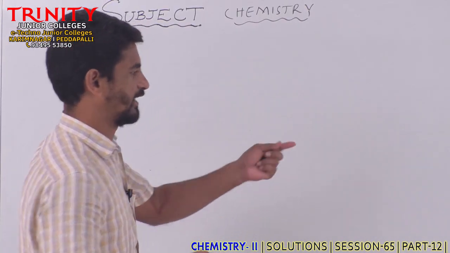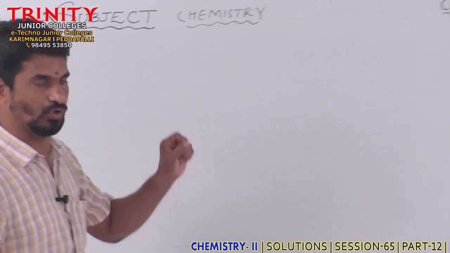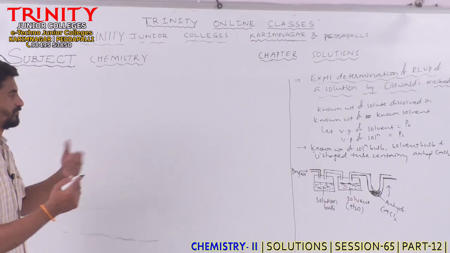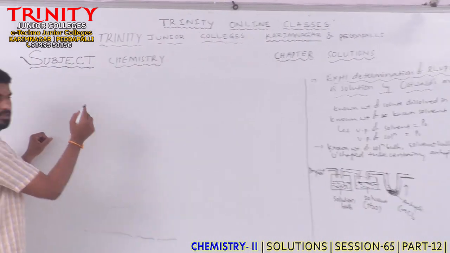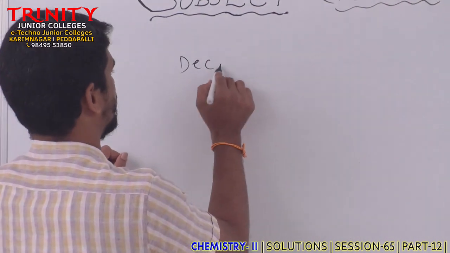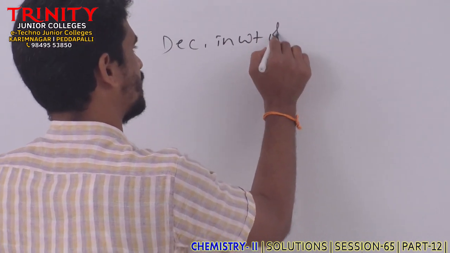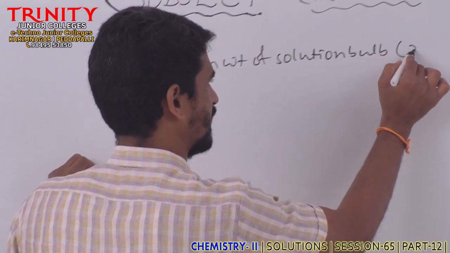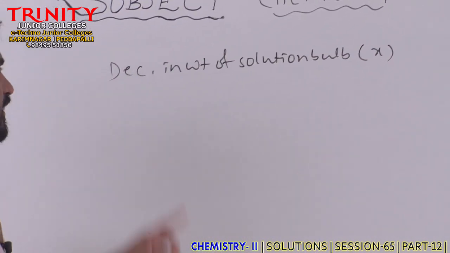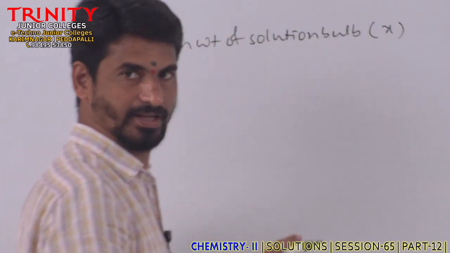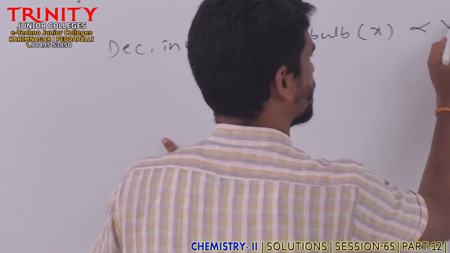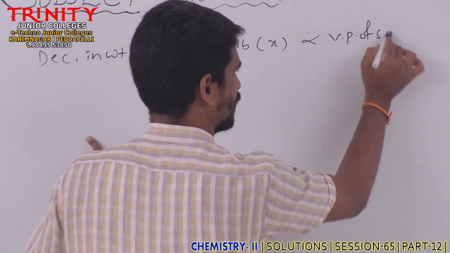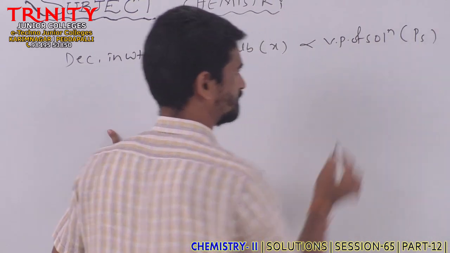So now when dry air is entering into solution bulb, then it absorbs some vapor, so that here the decrease in weight of solution bulb, let it be X. Decrease in weight of solution bulb, let it be X. This is directly proportional to vapor pressure of solution, Ps.